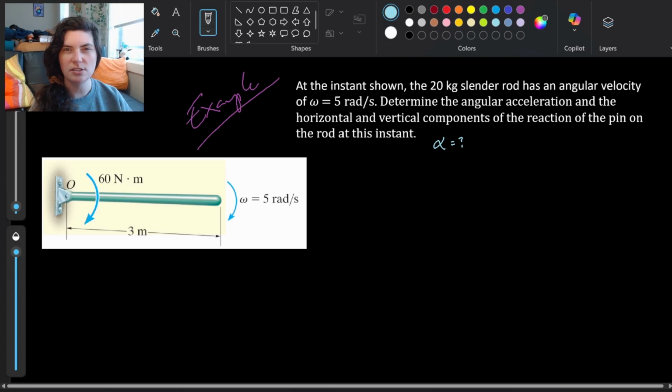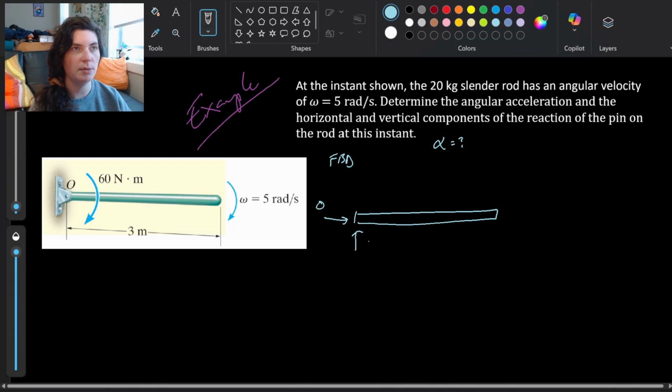So let's draw ourselves a free body diagram. That's usually a pretty good way to start these. So I'm going to draw just my free body diagram here with all of my forces on it. So of course it's pinned there at O, so it's going to have those reactions of the pin at O. And actually maybe before I do that, it might be a good idea to establish this coordinate system.